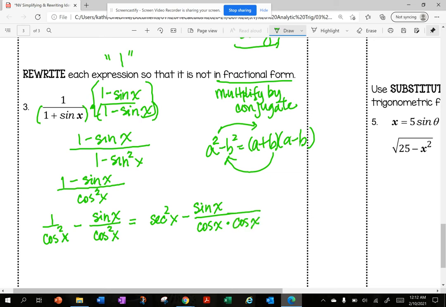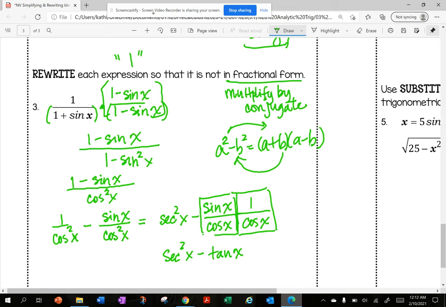And then I'm going to rewrite these two terms so that they're in the numerator. So I'm left with secant squared of x minus sine over cosine, which is tangent of x, and 1 over cosine is secant of x.